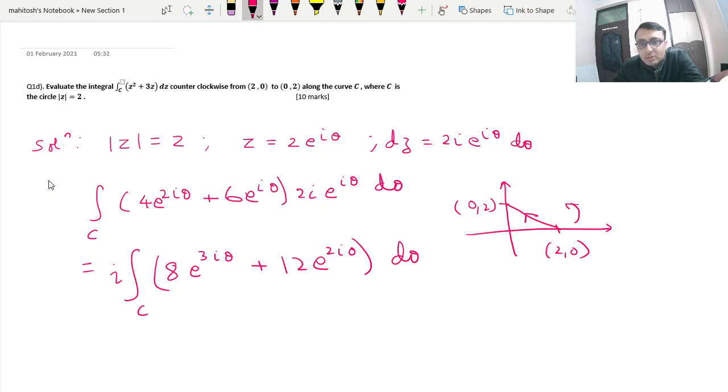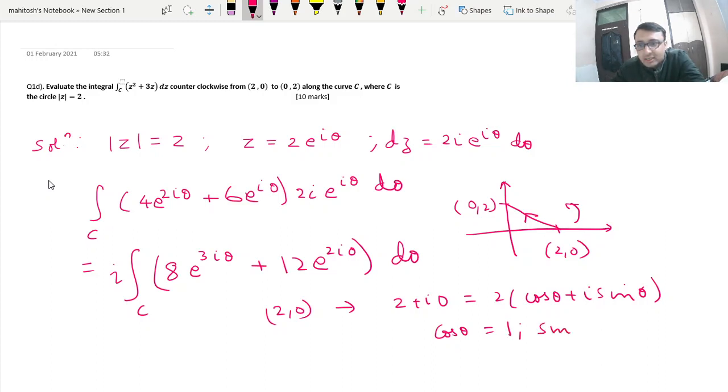If you take the initial point (2, 0), then z we can write as 2 cos theta plus i sin theta. So cos theta is equal to 1 and sin theta is equal to 0. This is only possible when theta is 0. So our initial value of theta is 0.